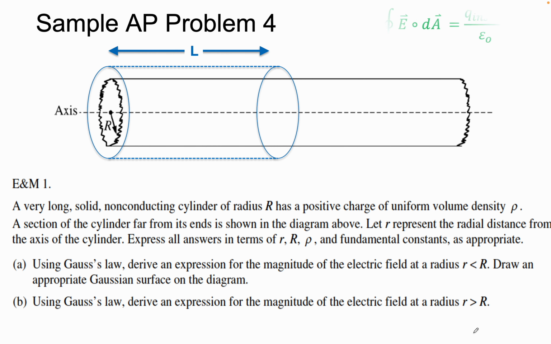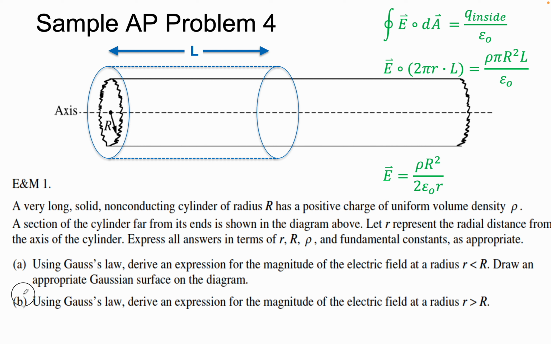Oh, I don't have the other one. So this is actually for the outside. This is actually answering B. For B, the Gaussian surface is on the outside.